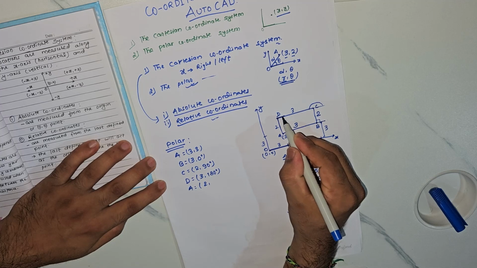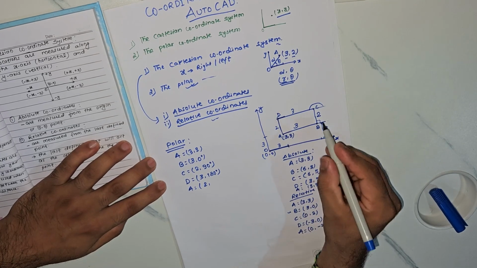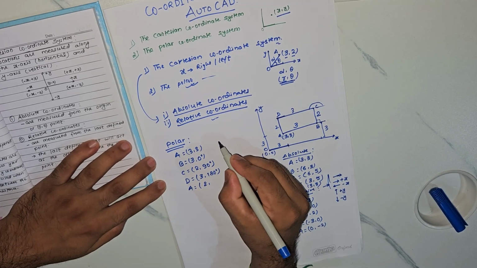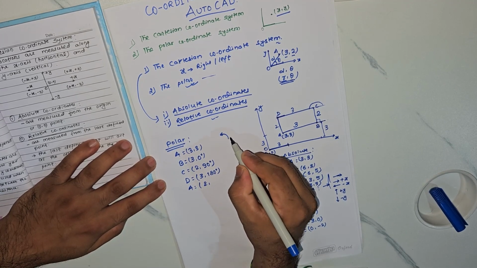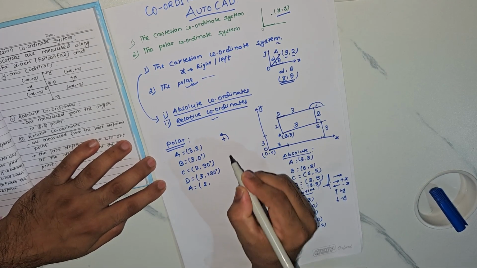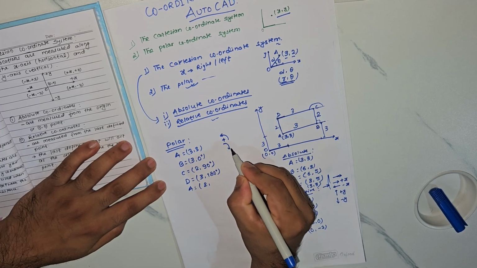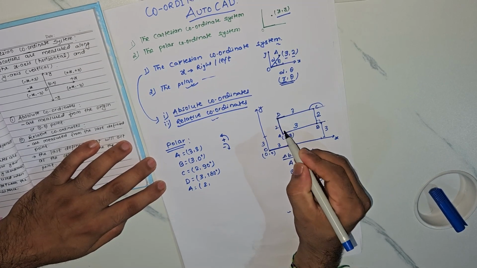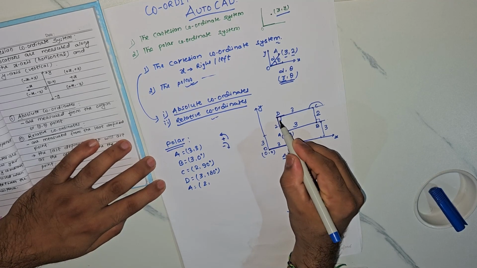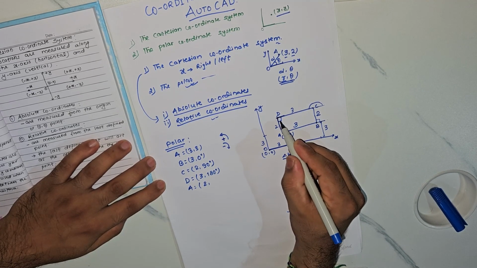In the polar coordinate system, if the angle is going in anti-clockwise direction, it will be positive, but if it is going in clockwise direction, it will be negative. So if you see the angle for DA, it is making clockwise direction 90 degree.